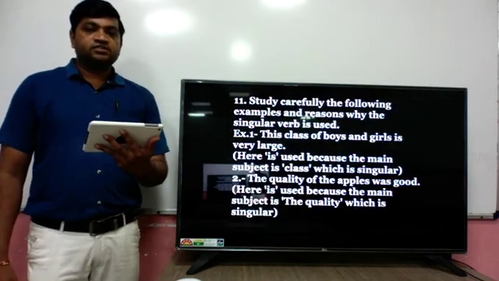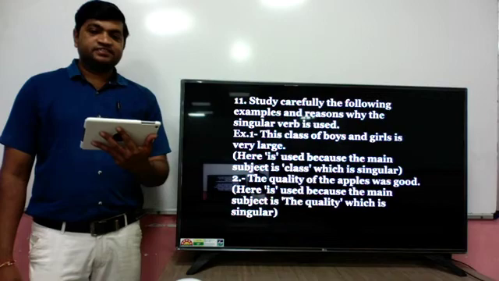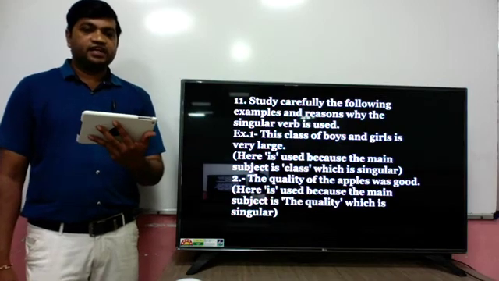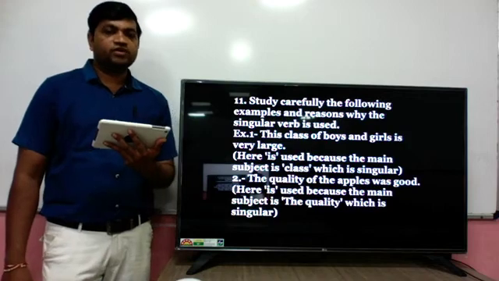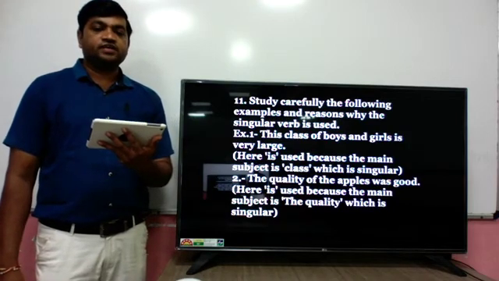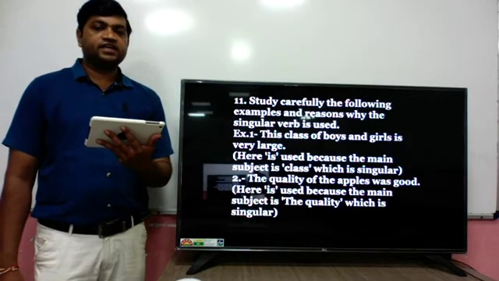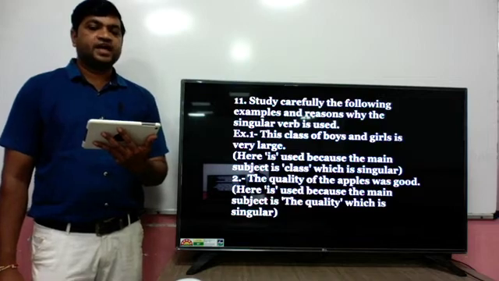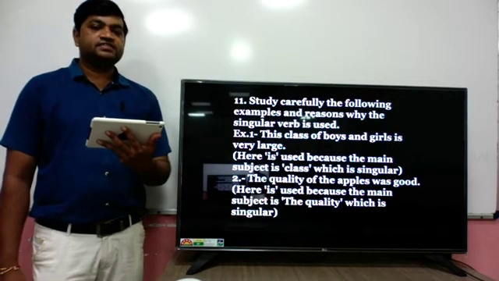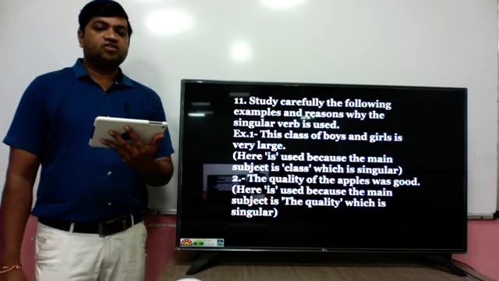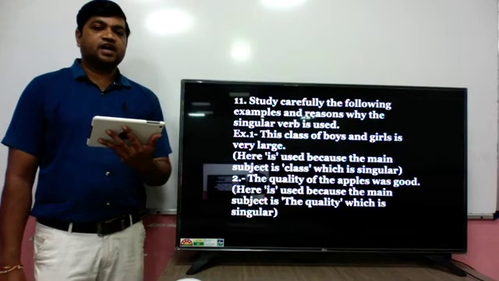So next, some sentences. Study these sentences very carefully and note the reason why we use a singular verb in them. Eleventh rule: study carefully the following examples and the reasons why a singular verb is used. First sentence, this class of boys and girls is very large.